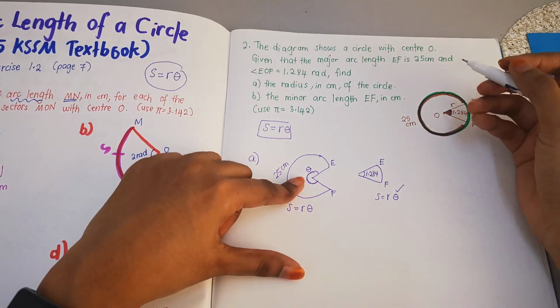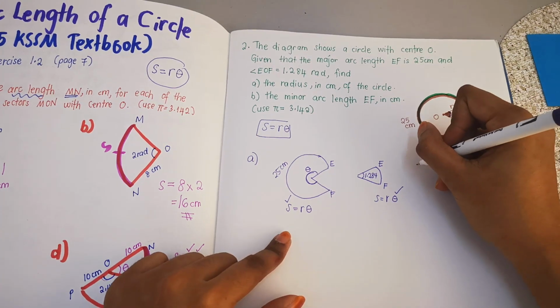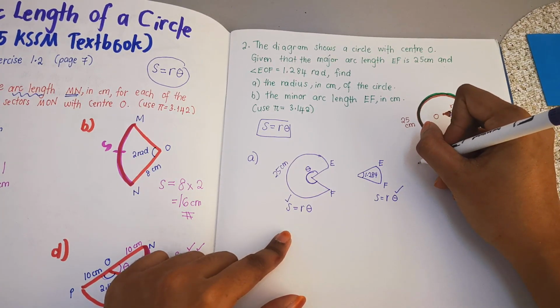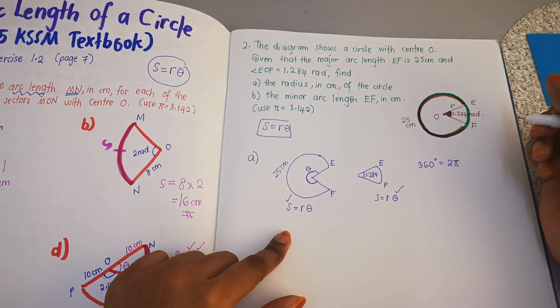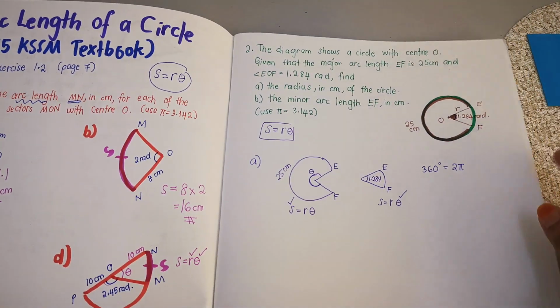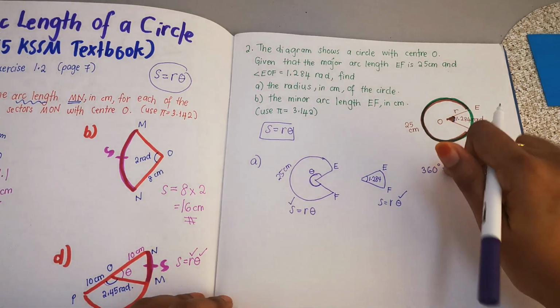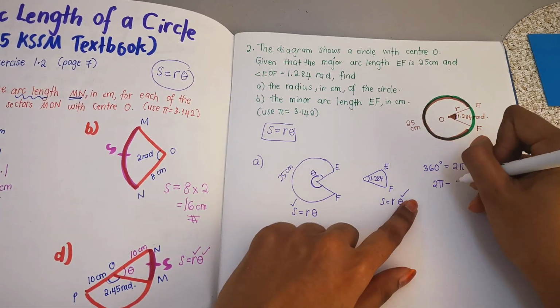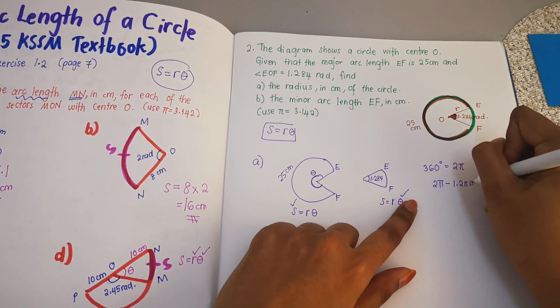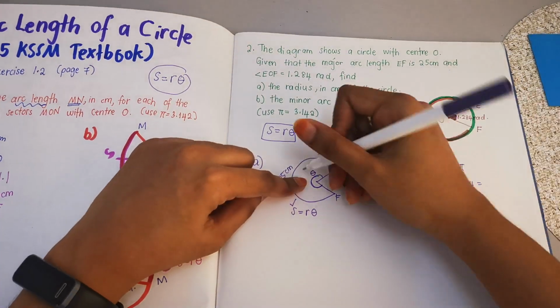Because one circle is 360 degrees, in this case 360 degrees is actually 2 pi, because if you still remember, pi is 180. So we take 2 pi minus 1.284 radian, so that I can get this one over here.